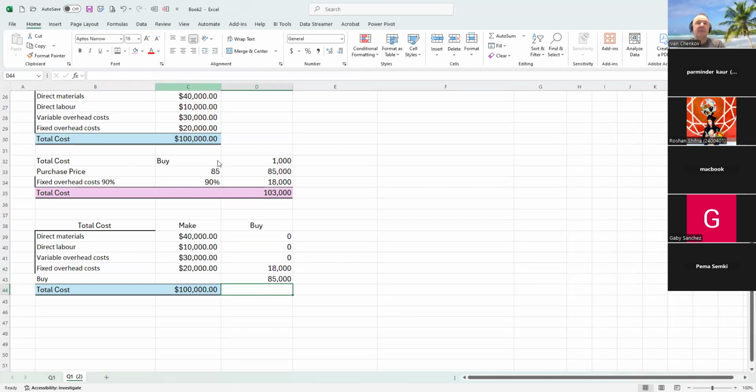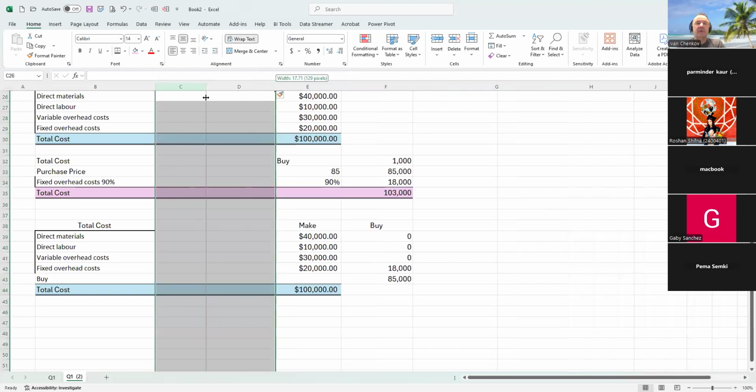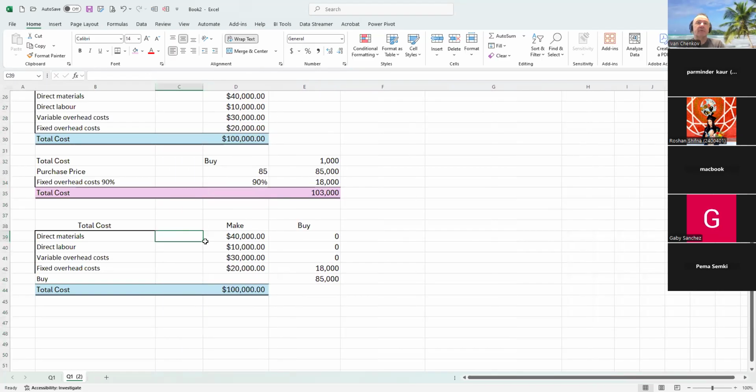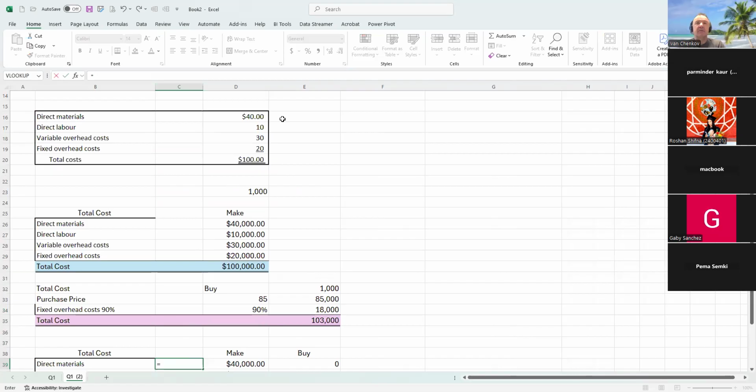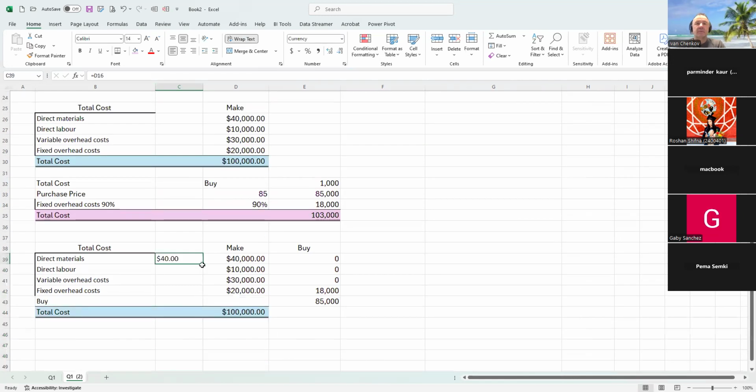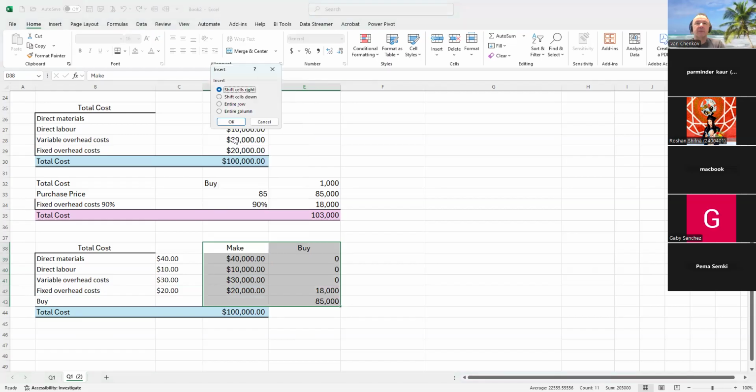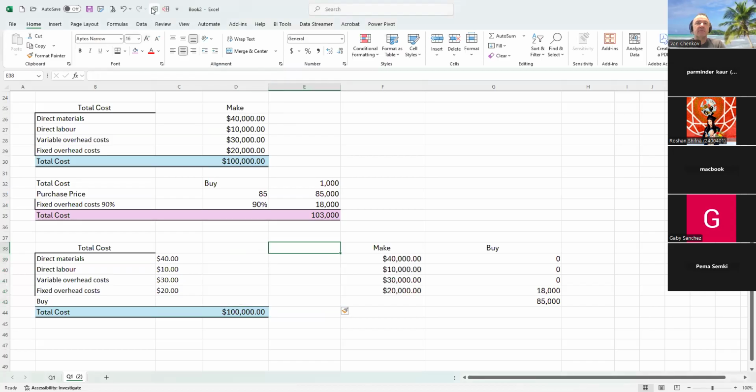Most likely we need to do a new column here if we have to use it this way. Or yeah, I can do it this way. So direct material, I can flip here the unit cost per unit. And then there will be another cost with another column. There should be another column here for the percentage. Let's move it to the right side. It's too many movements.